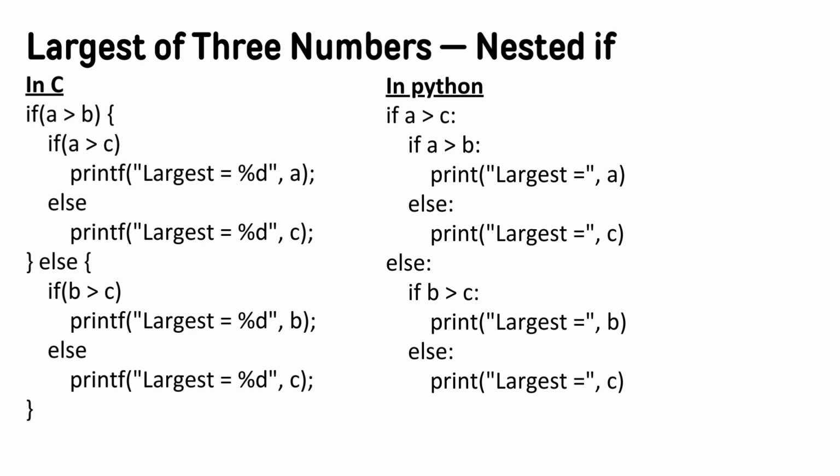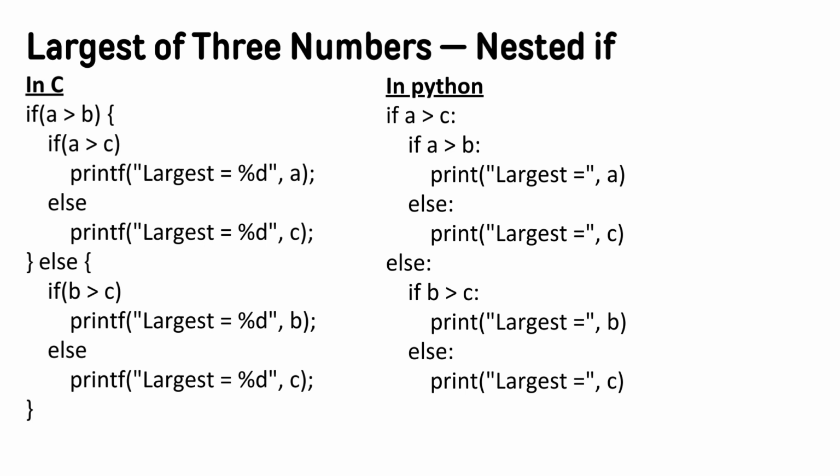We compare A with B. Then, if A is greater than B, then compare A with C. That means we compare A with B, then the larger one with C. This step-by-step checking makes it a perfect nested if-else example.